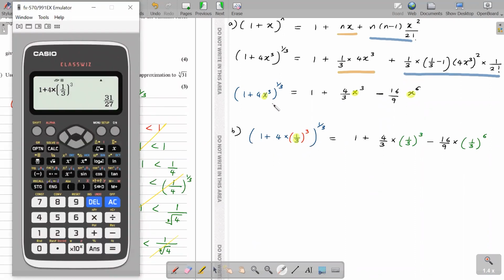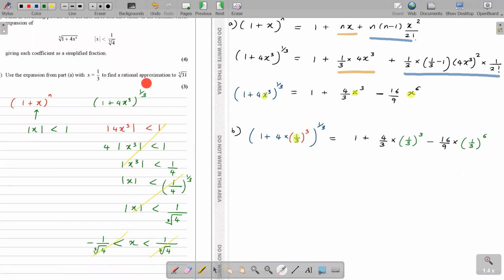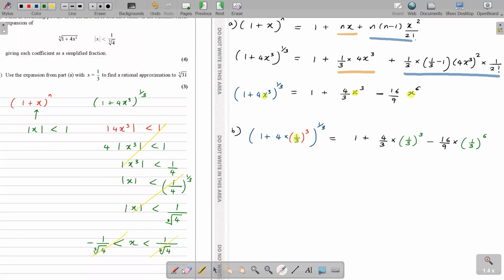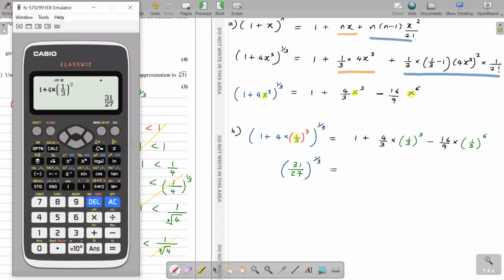I'm supposed to replace all my x values in the entire expansion with 1 over 3. The question says to get a rational approximation to cube root 31, so I have to make cube root 31 the subject here. So I type the left hand side without the power 1 over 3 just to get the value inside, and I get 31 over 27. So this side I get 31 over 27 whole thing to the power of 1 over 3 equals the other side. Let's type the other side directly.